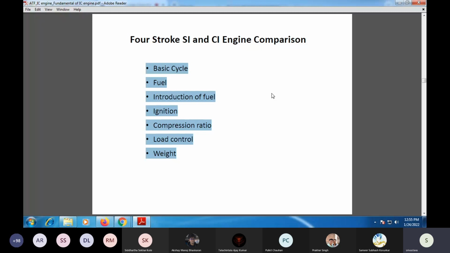Then we will differentiate between the 4-stroke and 2-stroke engine, and that is how we will close the first initial part, the introduction of the engine, and then move on to the parameters and the basic cycles.